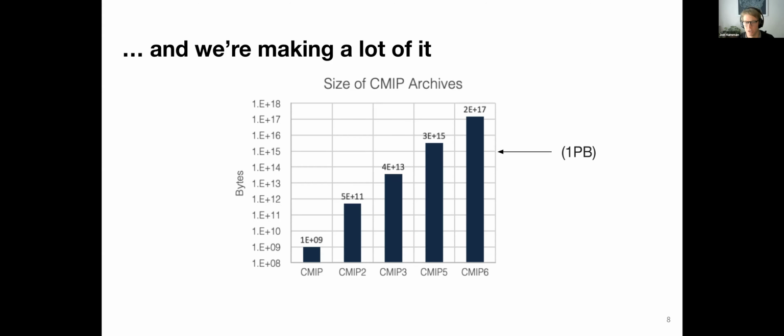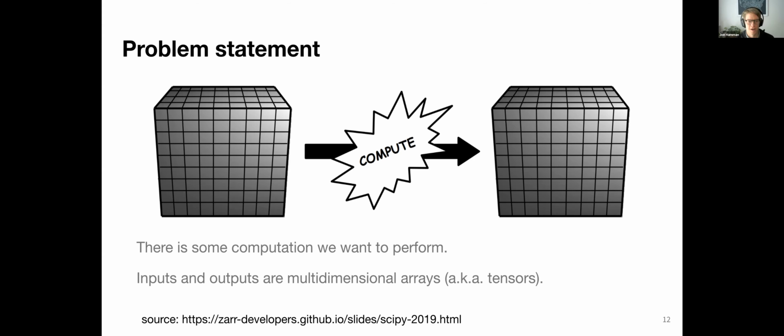All right, so the problem statement, let's boil it down a little further. We can actually generalize the problem statement that Zarr is trying to tackle even further than climate data. We have some computation we want to perform, and we have inputs and outputs that are both multidimensional arrays. So I've got some data cubes, I'm going to do some computation in the middle.